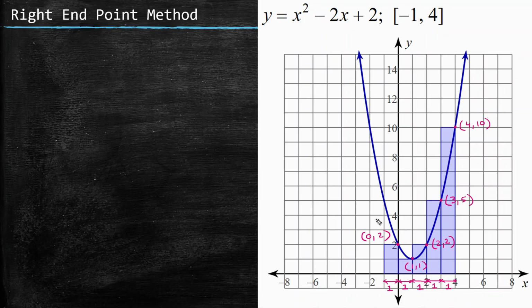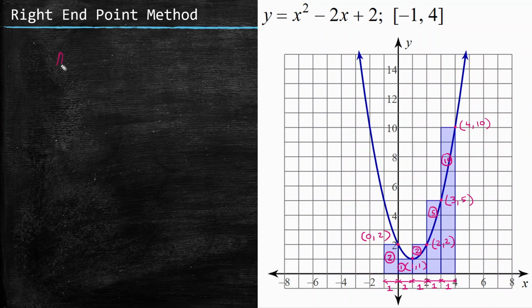Therefore, the areas will be, the height is 2, so 2 times 1 is 2. And this is 1, this is 2 again, this is 5, and the last one is 10. So the total area calculation will be 2 plus 1 plus 2, that is 5, plus 5 is 10, 10 plus 10 is 20.